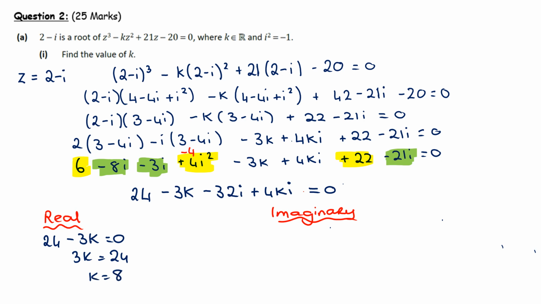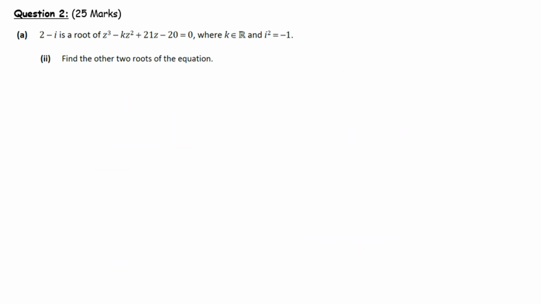But if you had decided to use the imaginary bit instead, minus 32i plus 4ki, and that should again equal 0. Ignoring your i's, we get 4k equals 32. So k equals 8, both give exactly the same answer. But in this case, we were only required to use one. We only needed the real or the imaginary parts to do that.